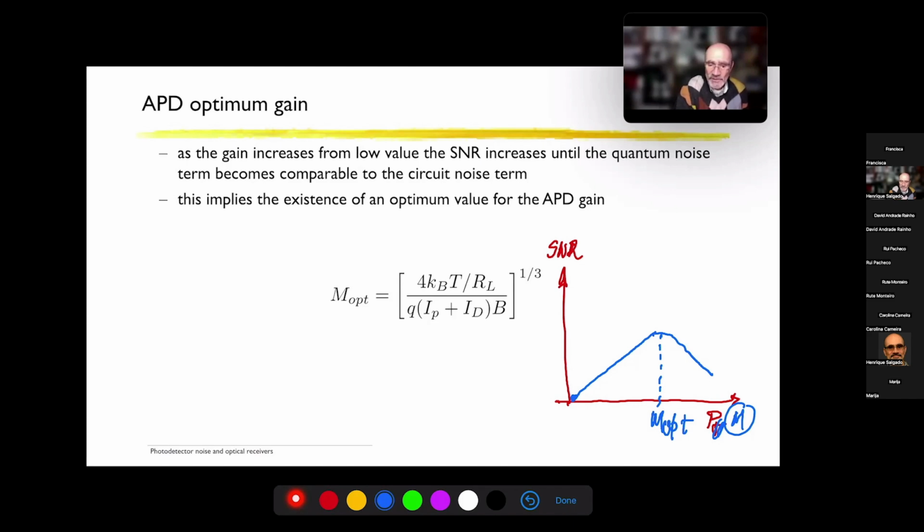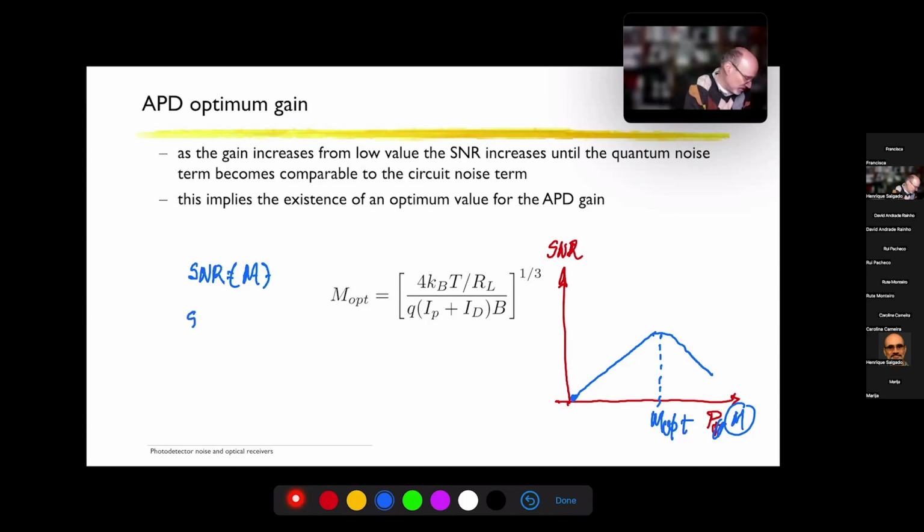And so it's possible to obtain this optimum gain from the signal-to-noise ratio. We have the expression for the signal-to-noise ratio that we had before, which depends on the gain of the APD.